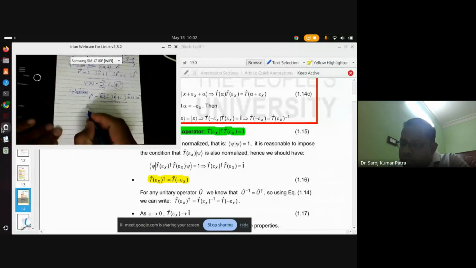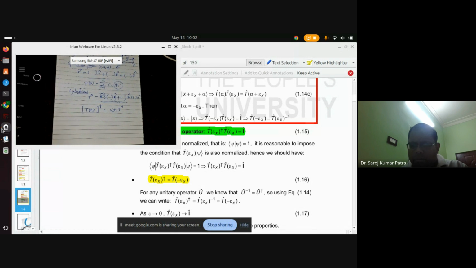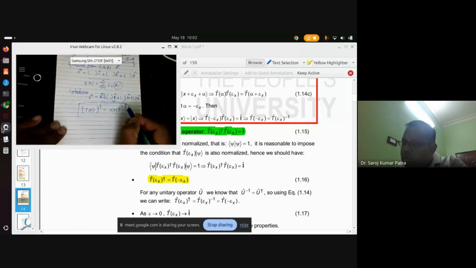If I take T psi and take a dagger over here, that will be equal to psi T dagger. This is what you need to have. Is this part clear?